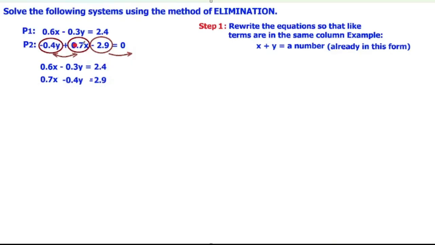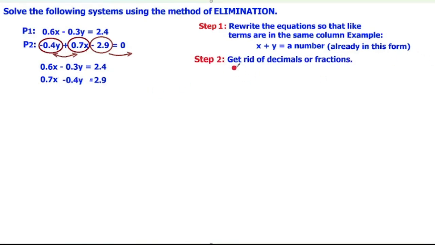And then we have to flip these two because you could see the x is over here and the y is over here. So we just have to put the 0.7x here and the minus 0.4y over here. So now we're ready to work with the equation.